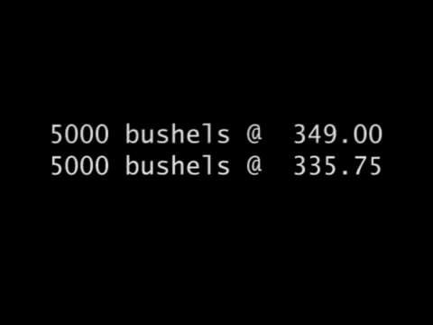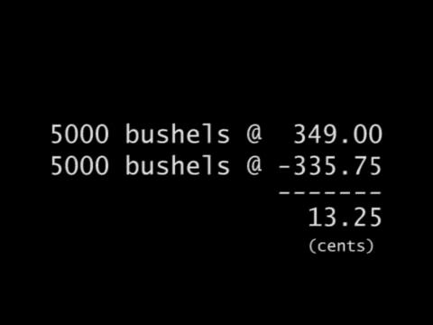So we bought it at $335.75, and we sold it at $349. Easy so far? Subtract the long position from the short position to get the change in price, which is 13 and 1/4 cents. And yep, that's our gain, 13 and 1/4 cents.